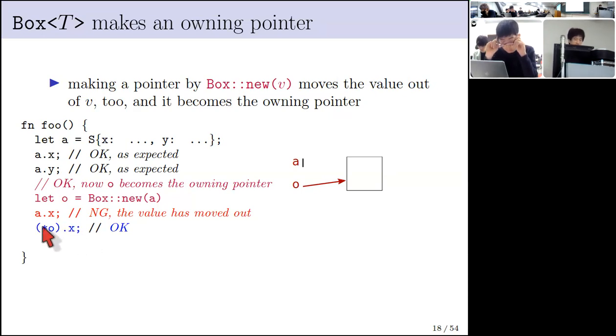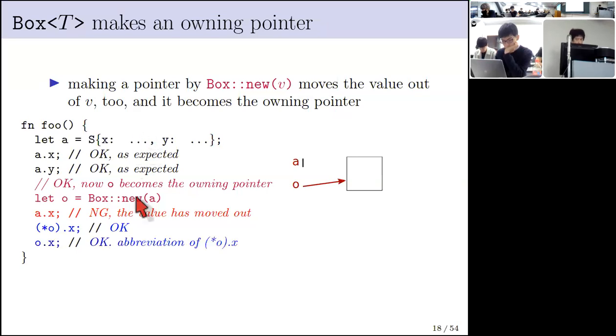This is somewhat verbose, but it is the formal syntax. When you have a Box of something, you say star whatever to refer to the underlying data structure, and then say dot x to get the value you stored there. But just for your convenience, Rust allows you to write something like O.x, simply O.x, without having this star.